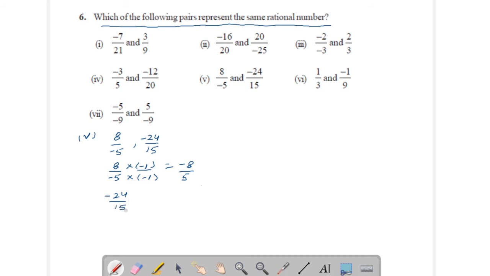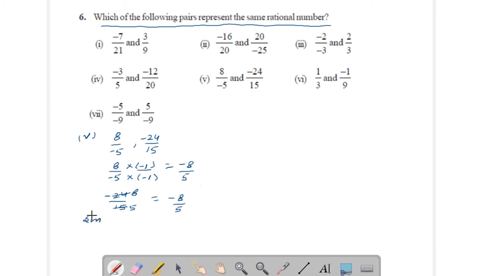Here cancel the terms by 3. 3 eights are 24, 3 fives are 15. This is equivalent to minus 8 upon 5. What do we conclude?